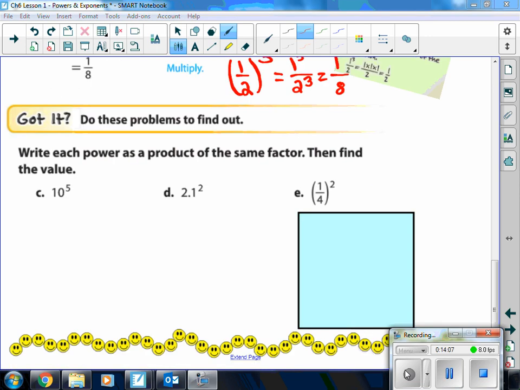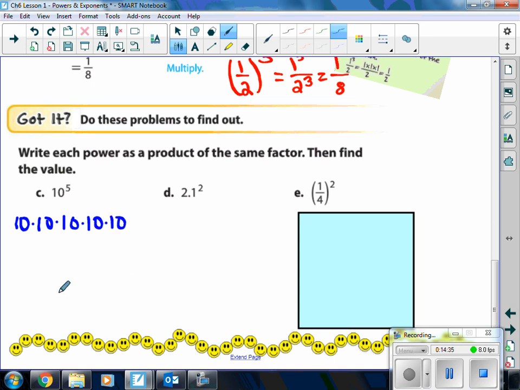So, for these got it problems, it says write each power as a product of the same factor, and then find the value. Okay? So, 10 to the 5th power, we write as 10 times 10 times 10 times 10 times 10. Very good.